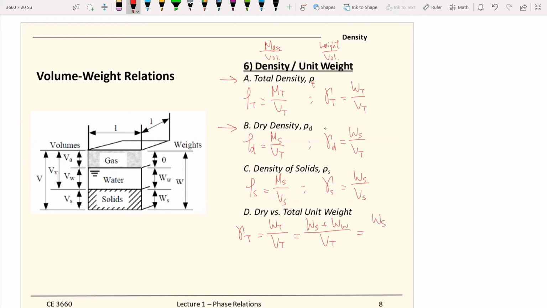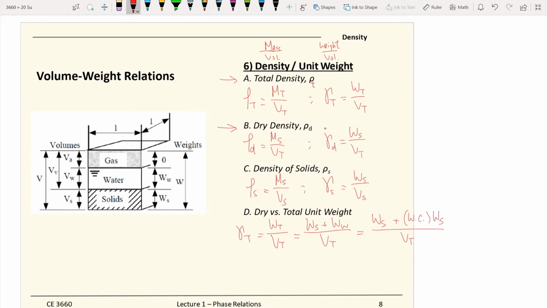And in fact, the weight of water can be represented by the water content times the weight of solid, divided by the total volume.